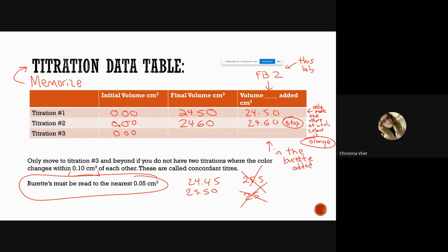We're supposed to rinse out with water, right? How much? All the way to the top? Do we rinse it out?